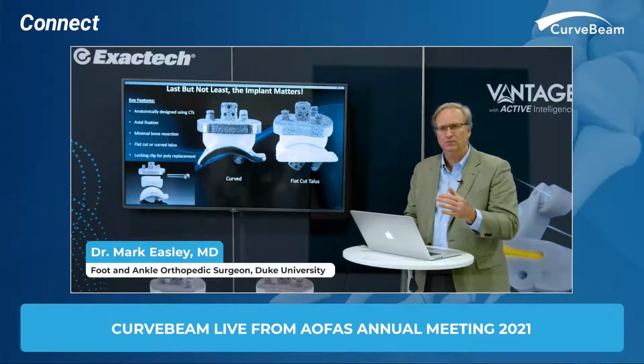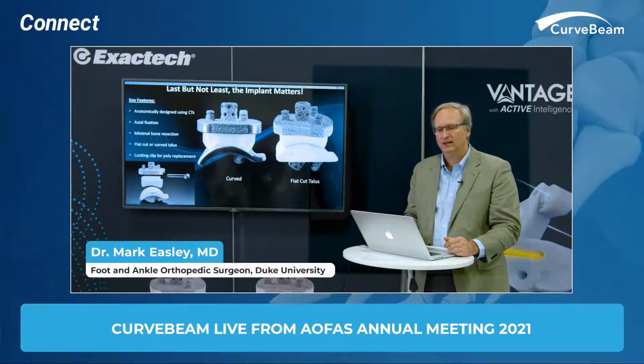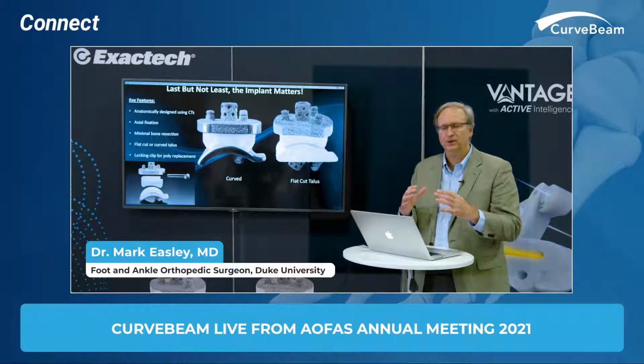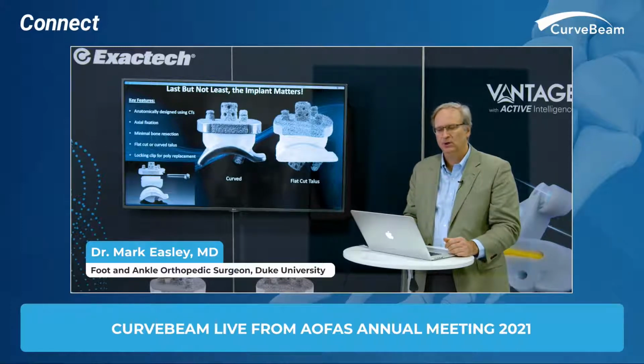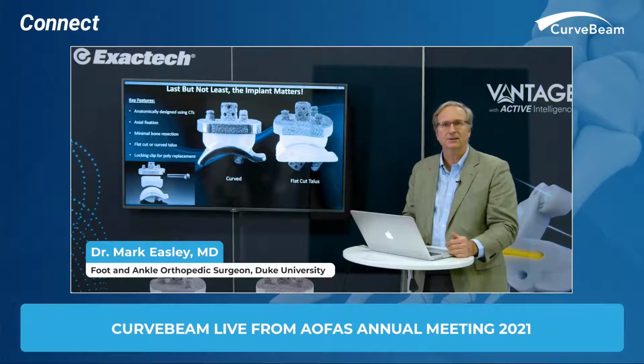It's a true dome, so it takes advantage of all of the support from the underlying trabecular bone from the talus, or if I feel more compelled, there's also a flat top talus option available, but I'd like to preserve bone when I can.